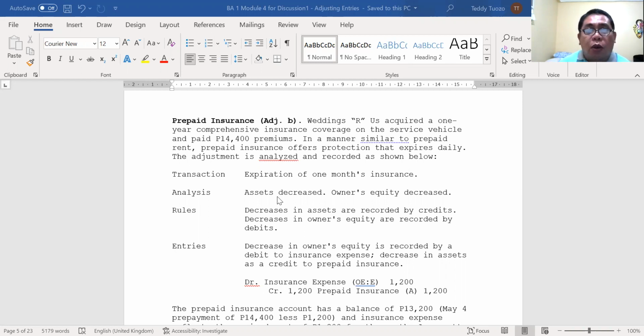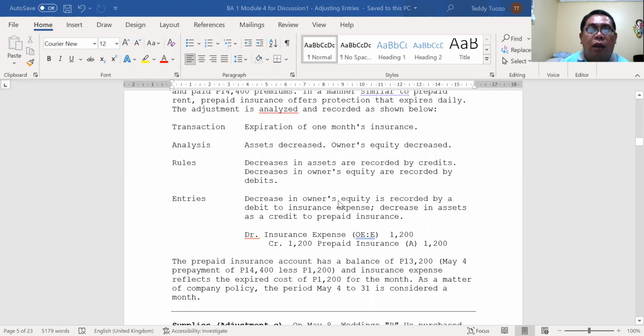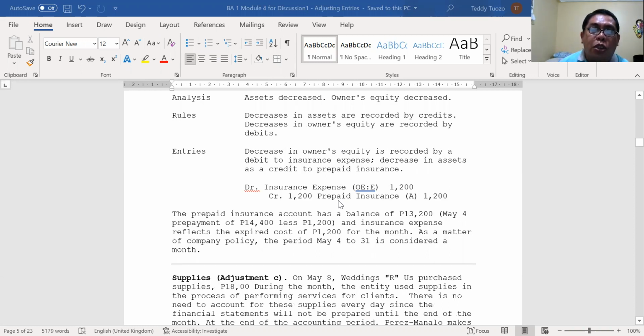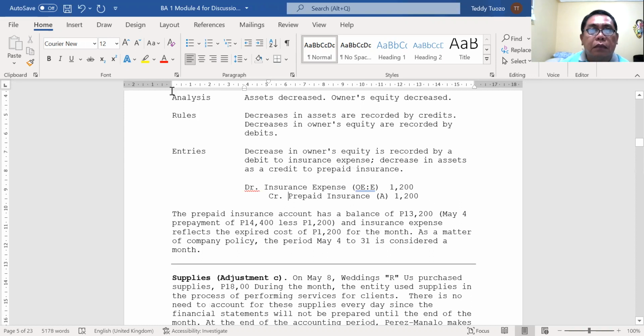So assets and owner's equity are affected the same as in prepaid rent, where we also recognize an expense and decrease the prepaid insurance, which is an asset account. So the entry is debit to insurance expense, which is also an owner's equity account and is classified as an expense, and then credit to prepaid insurance for 1,200.